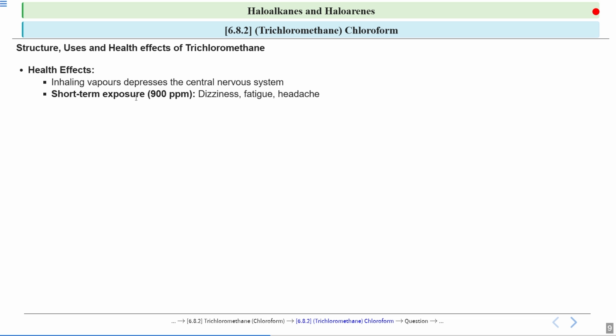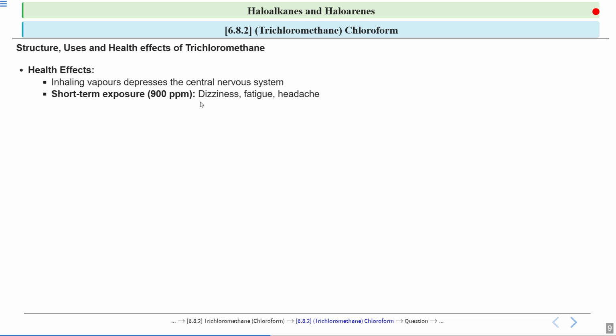Short-term exposure up to 900 parts per million can cause dizziness, fatigue, and headache. 900 parts per million means the solution is very diluted at this concentration, so the concentration of chloroform is very low.